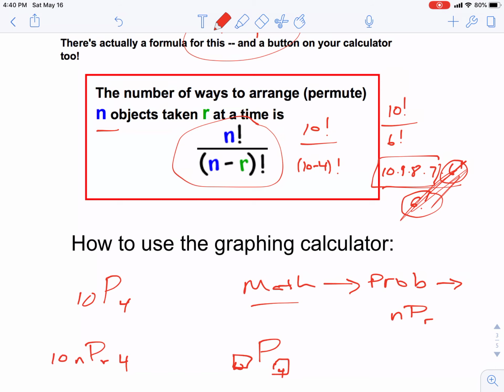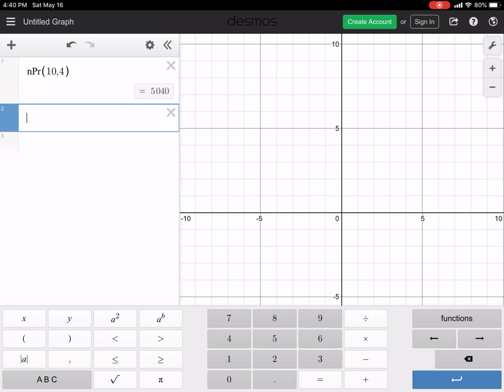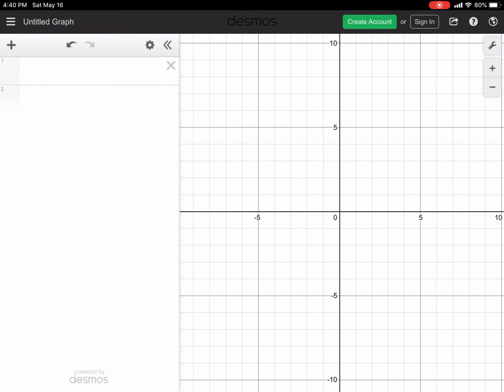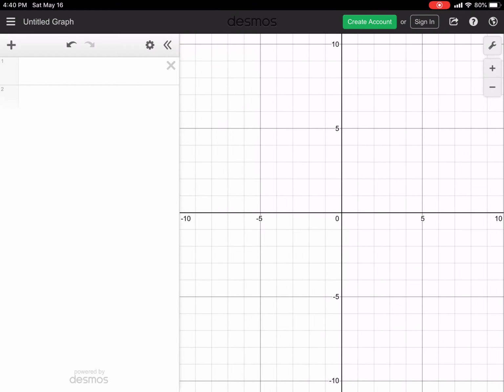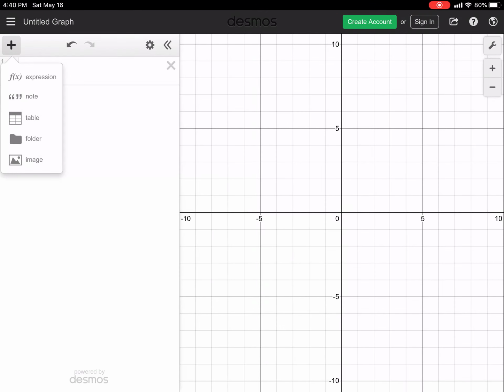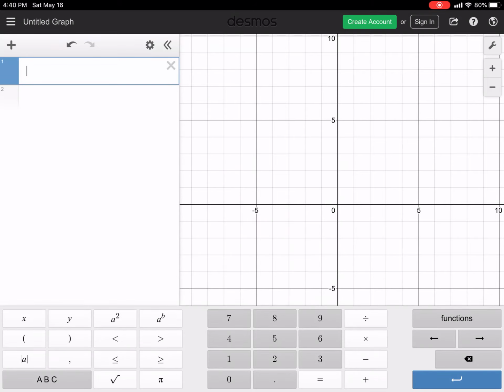Okay? If you wanted to use Desmos, I'm going to blank these out here quick. How do I get my screen back? What the heck is going on here, folks? All right, just type in there.